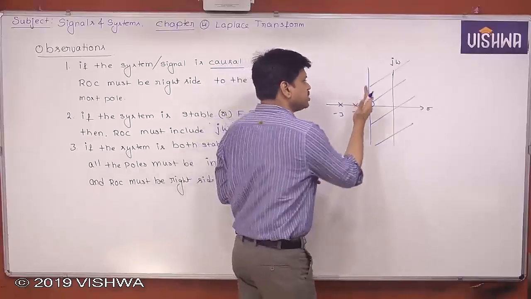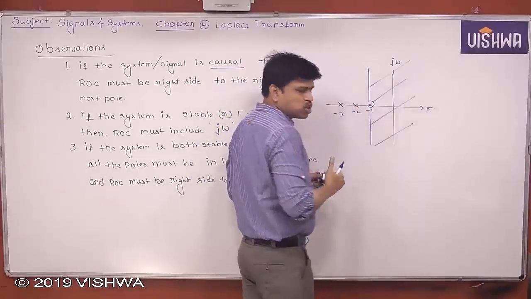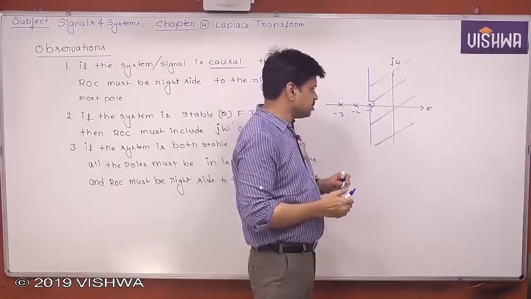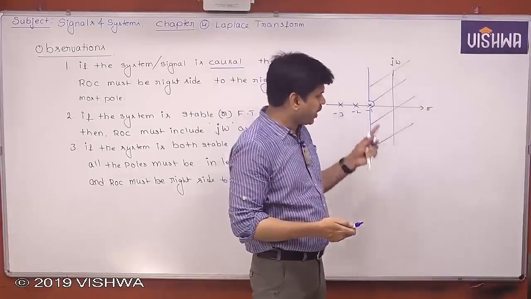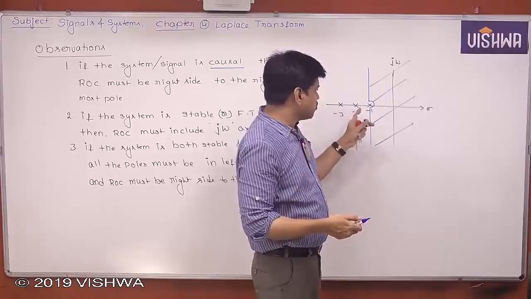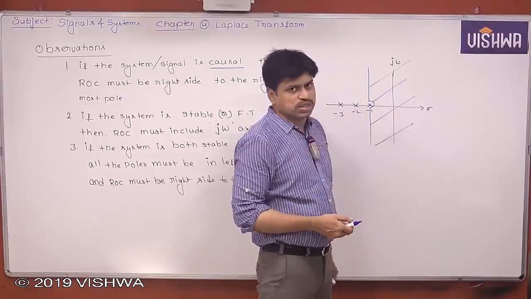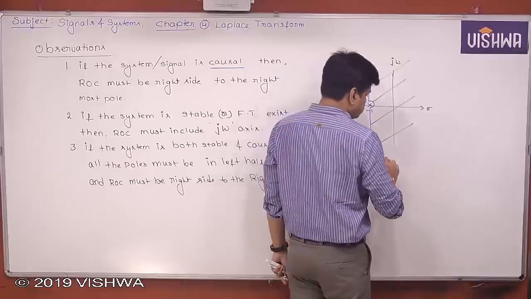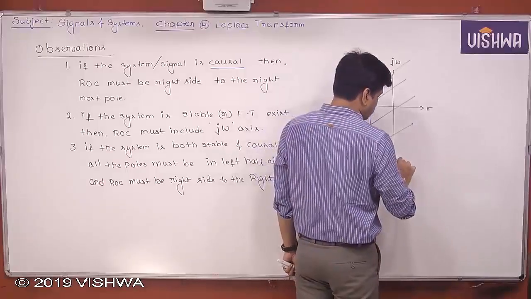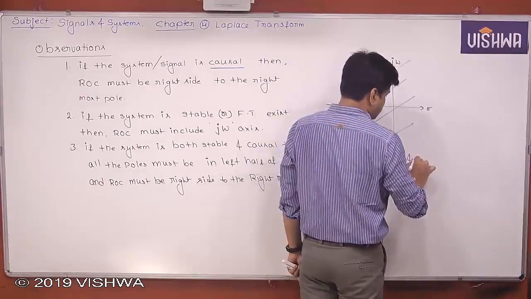Why? Because ROC is right side to the rightmost pole, that means it is a causal system, and ROC is including the j omega axis, so it is going to be stable. This kind of pole pattern and this kind of ROC is going to give you a causal and stable system.